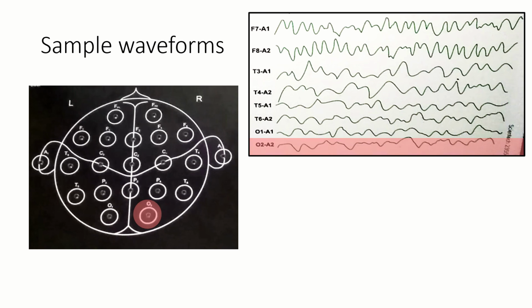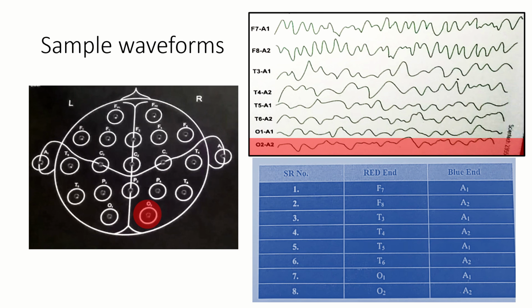The waveforms shown on the top right side are taken from the experiment sheet, and we'll be trying to plot these waveforms on the DSO using the simulator. To perform the connections using the probes, we'll connect the red end of the probe to the scalp terminals like F7, F8, T3, T4, T5, T6, O1 and O2, while the blue end will be connected to the reference electrodes A1 and A2.